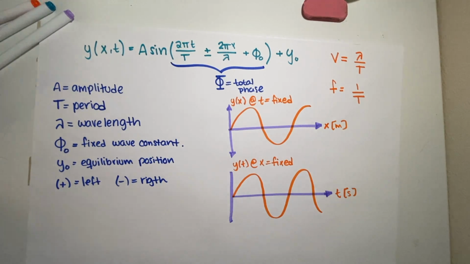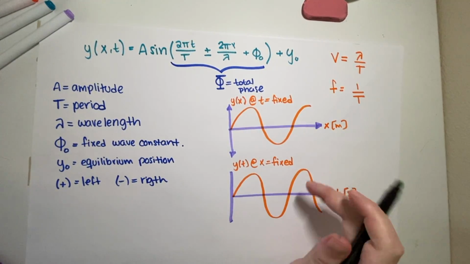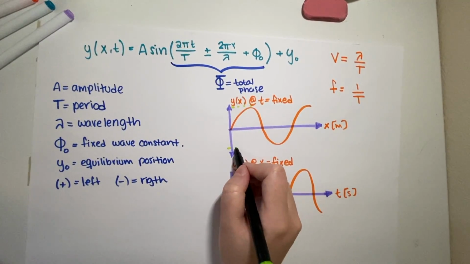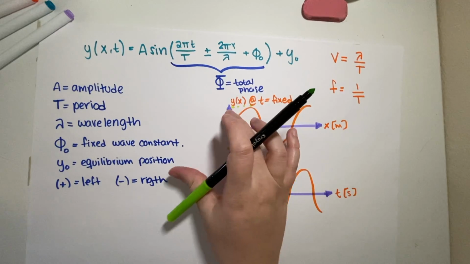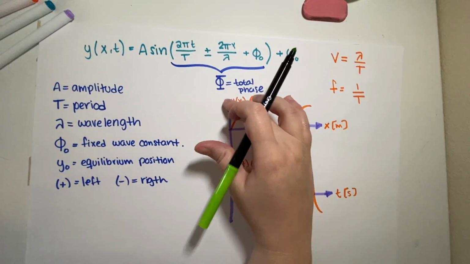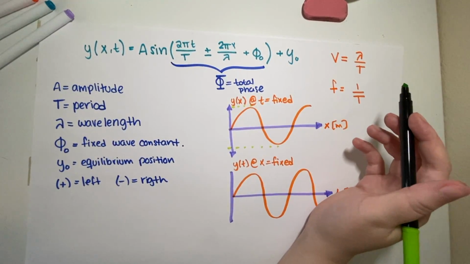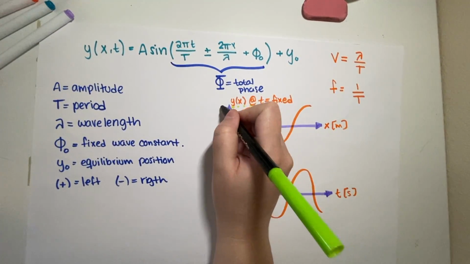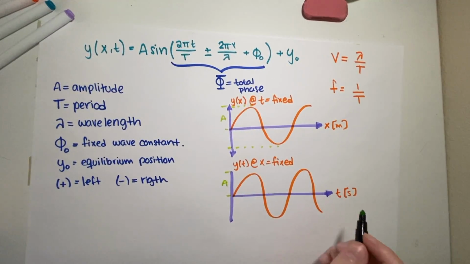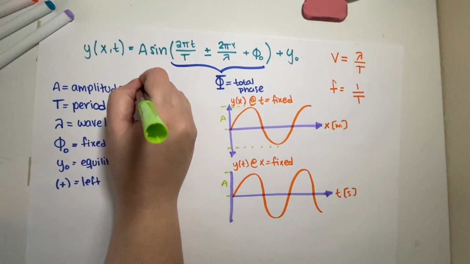Amplitude is pretty easy to get from both of them. If you have any of these graphs, you just see what this entire distance is, divided by 2, and that would be your amplitude. So you can get amplitude from both.